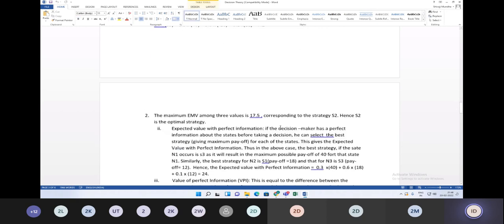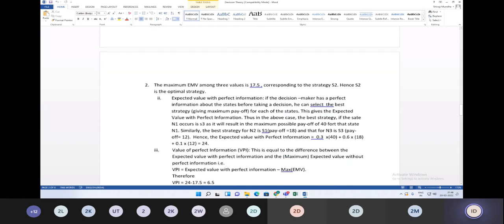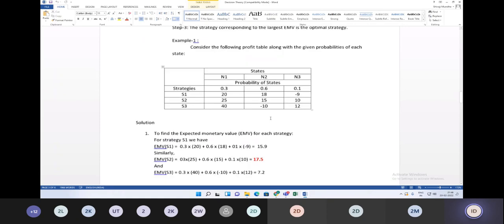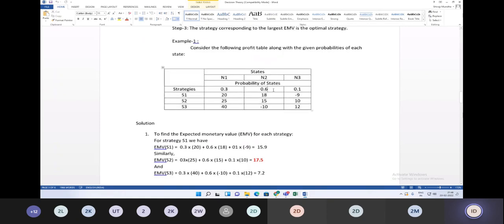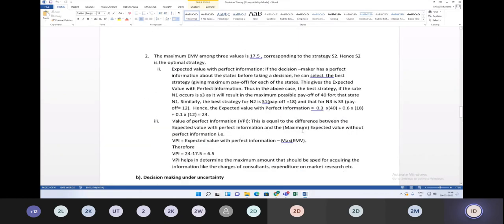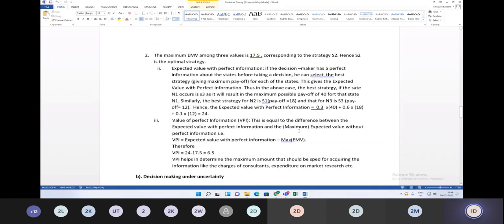So by using these values, the payoff for N2 is 18, and for N3, S3, the payoff is 12. Hence, the expected value with perfect information will be 0.3 multiplied by 40, because the highest for N1 is 40, plus 0.6 multiplied by 18, plus 0.1 multiplied by 12, right? This is the simple formula used to calculate the expected value with perfect information, and this is 24.